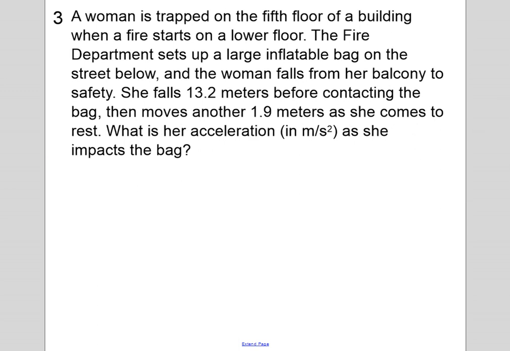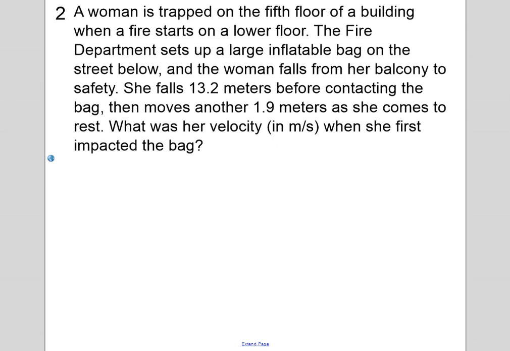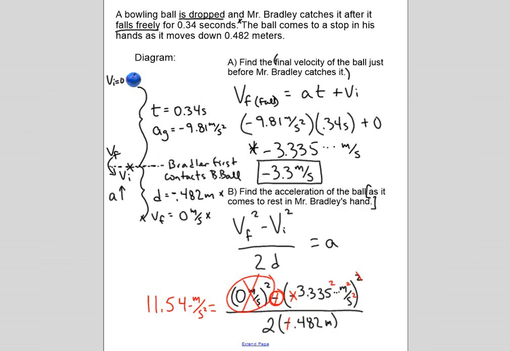The next question is the same exact question, but then we're asking you to find the acceleration as she's impacting the bag. I hope that you see that question 3, and going back, question 2, is a lot like the fall and stop problem that we just did with the ball.